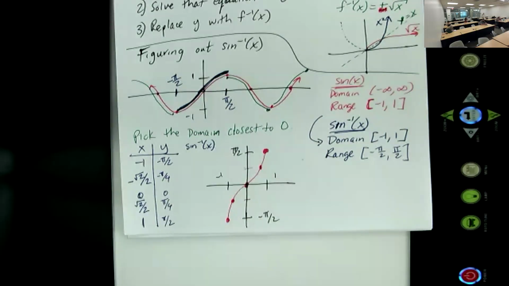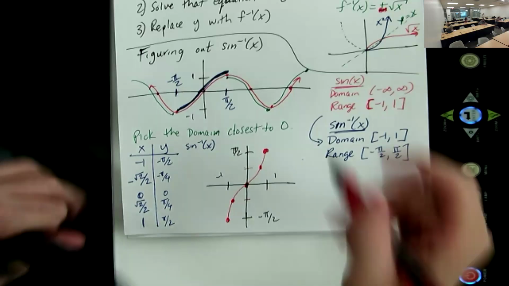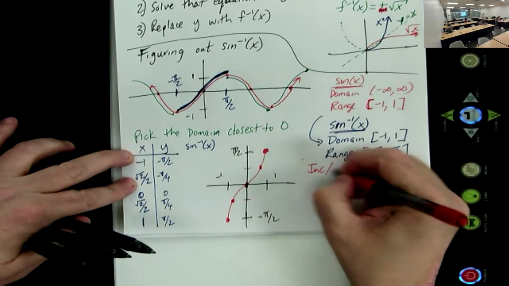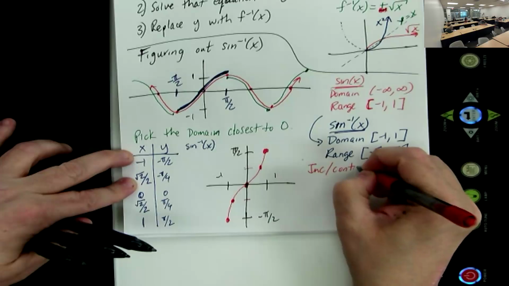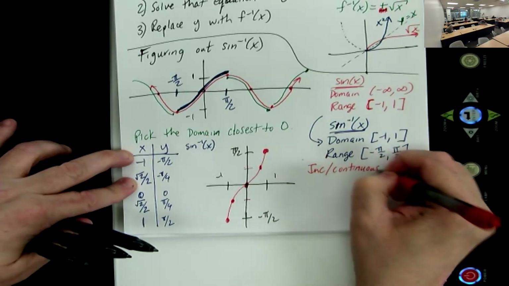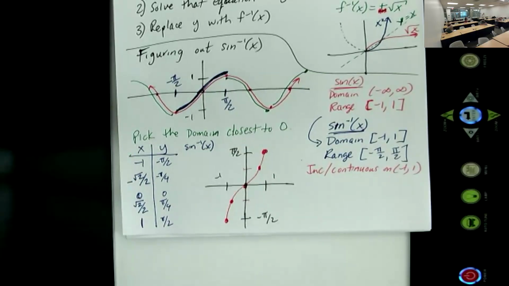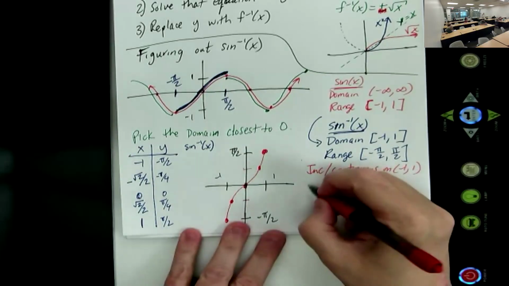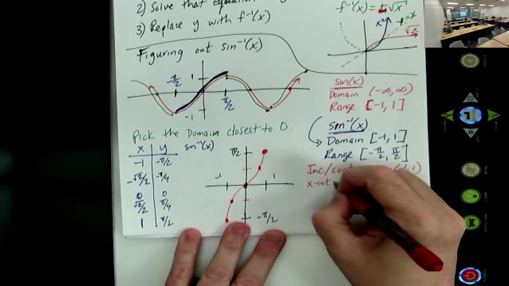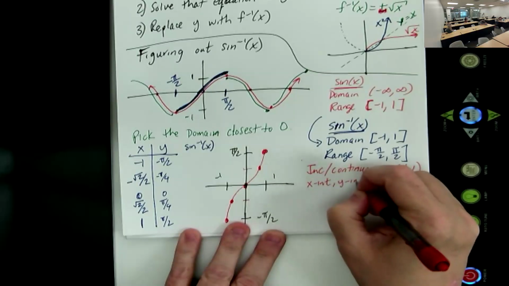So we can see it's increasing and continuous on -1 to 1. Both the x-intercept and the y-intercept are 0, 0.